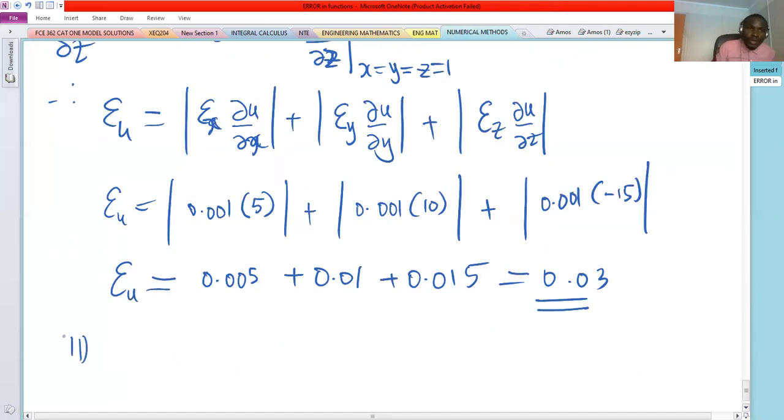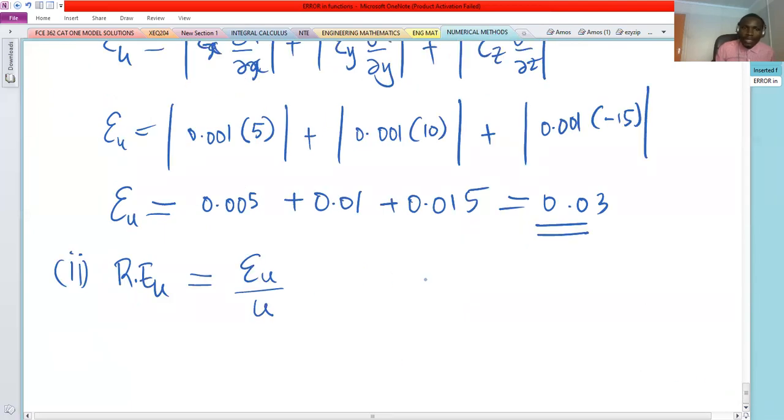Part 2, they want us to find the relative error in u. And remember, by definition, this is the error in u over u. So let's first calculate the value of u, which is given by 5xy squared over z to the power 3, which is the same as 5, with x is 1, y is 1, and z is also 1.